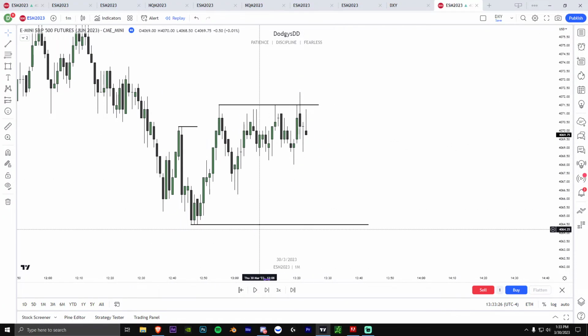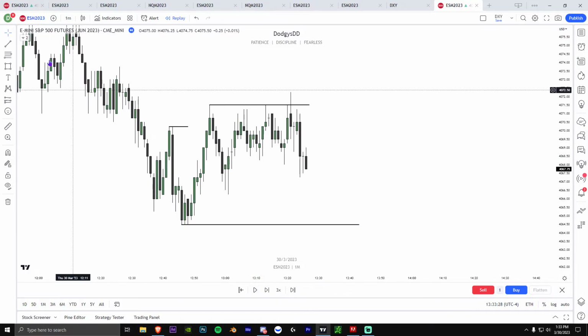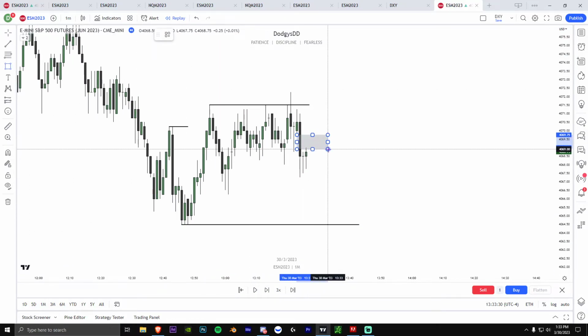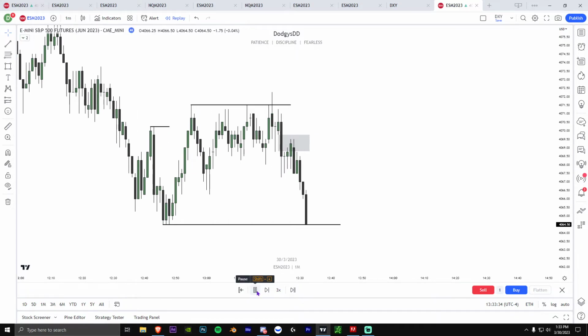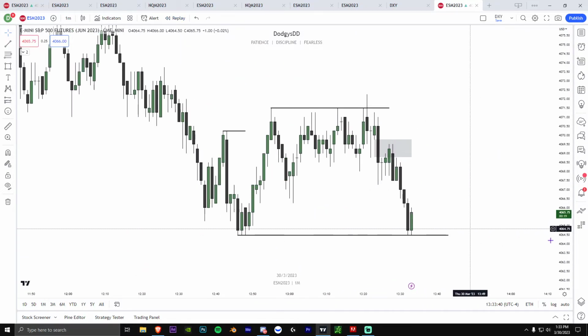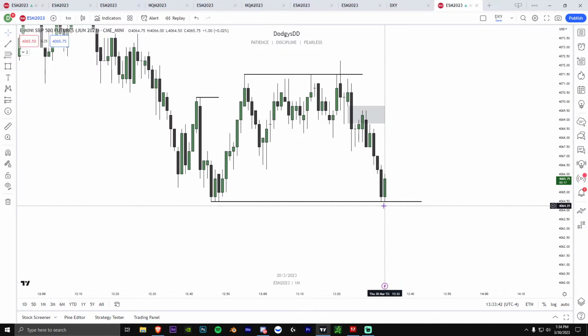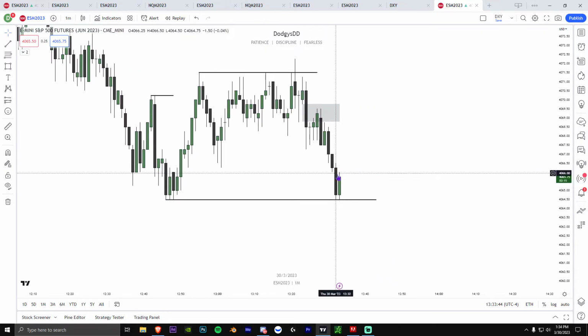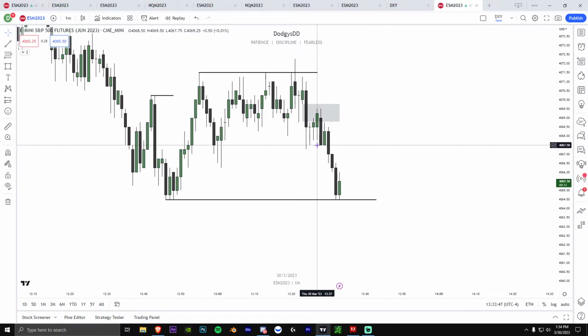So we see these get swept, we have a fair value gap right here now. That's where I'm shorting, and then my target's just a low. Right here, it perfectly works out. We're gonna smash through these any moment, likely. Again, you just see it perfectly works out.